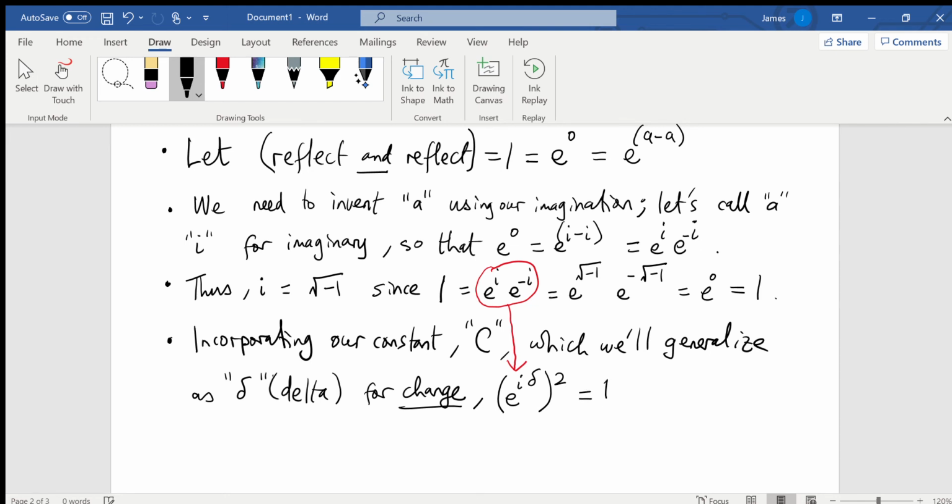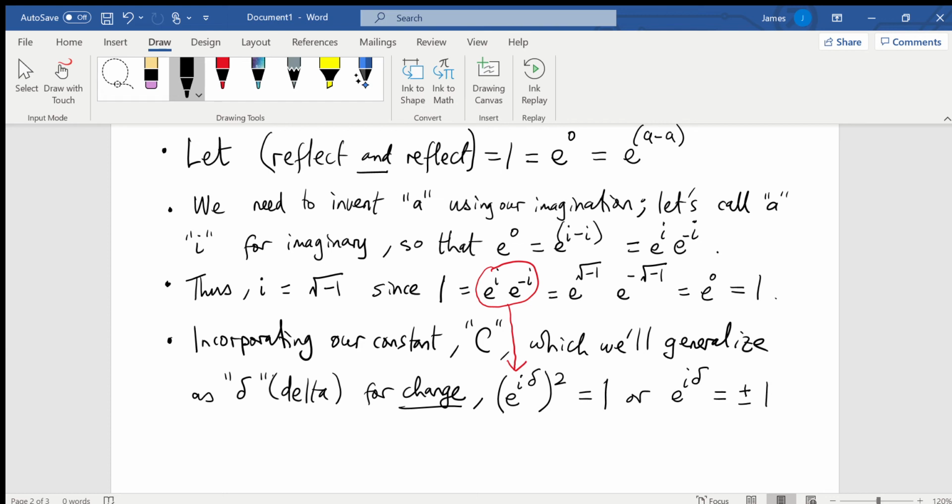That's equal to 1. So it's the same argument, I've just added delta into the mix, which was our constant. Or, you square root that, we've got e to the i delta can be plus or minus 1.